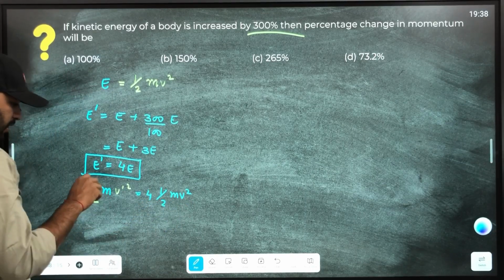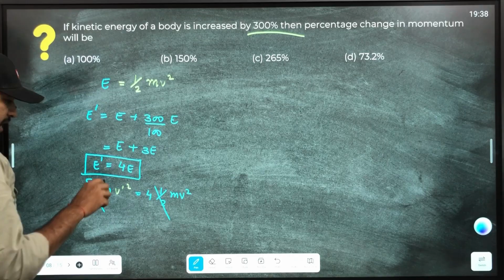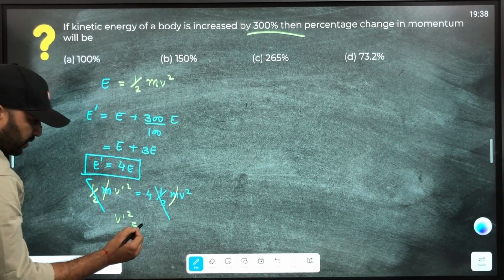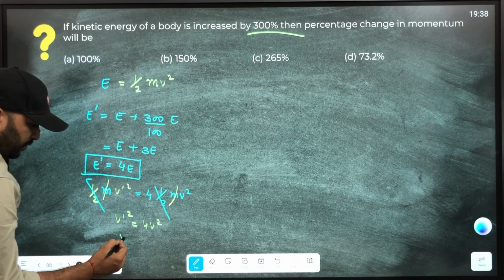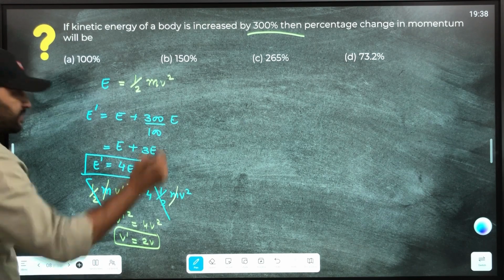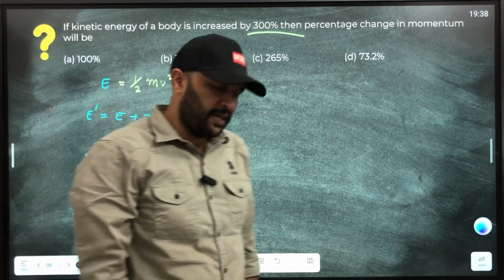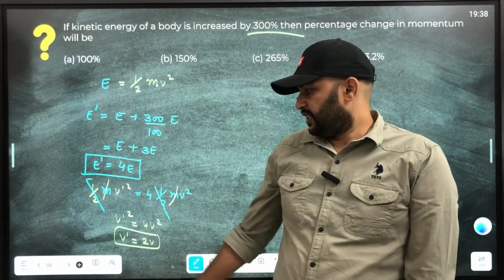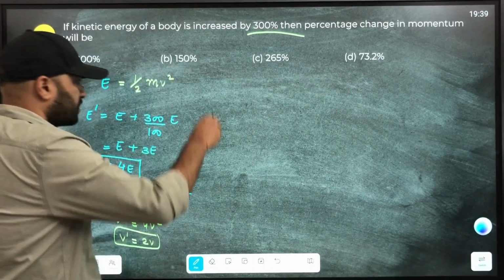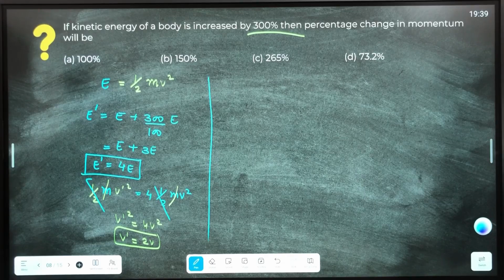Half cancels with half, m cancels with m, and we are left with velocity square equal to 4v square. So the new velocity will be 2 times the previous velocity. This is the outcome of this 300%. Let me repeat: the new velocity of the particle is 2 times the velocity of the previous system.